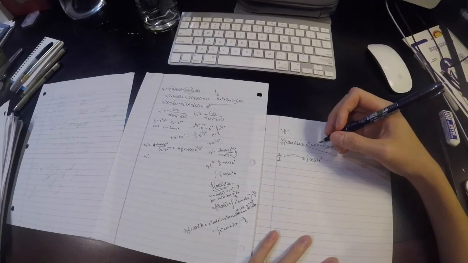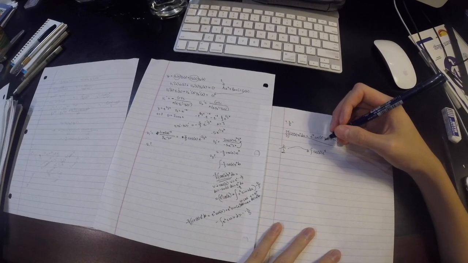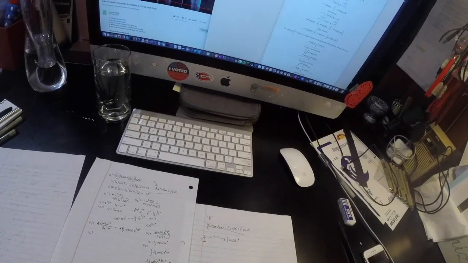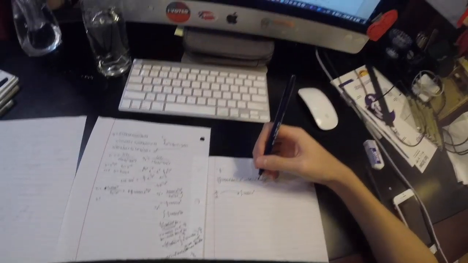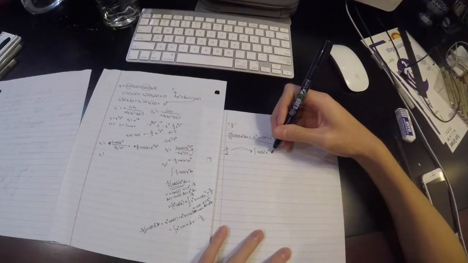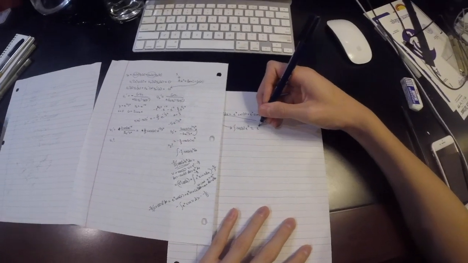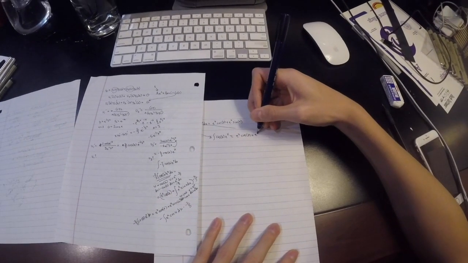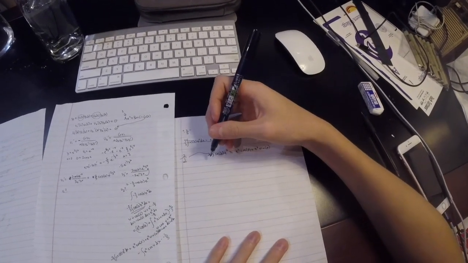So okay. Well, cosine x e to the x, based on what we did earlier, is e to the x cosine x plus e to the x sine x.